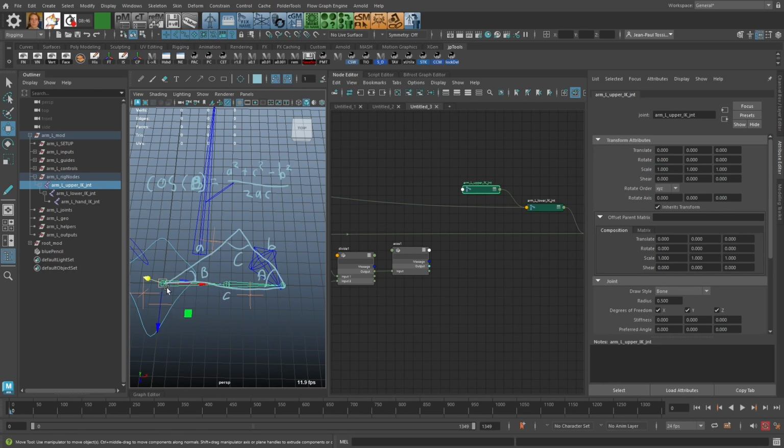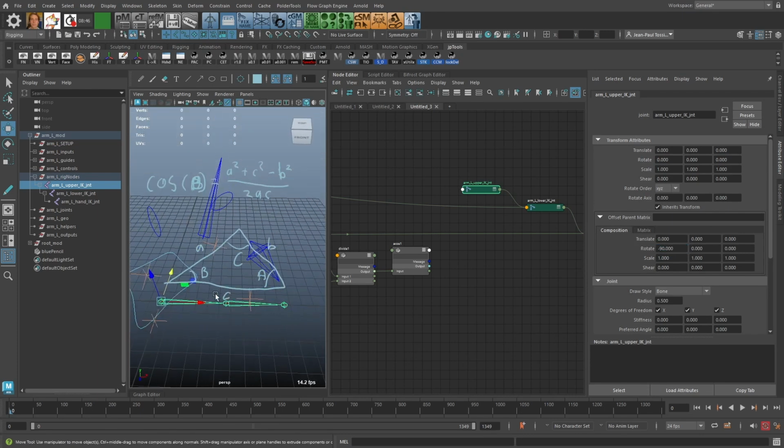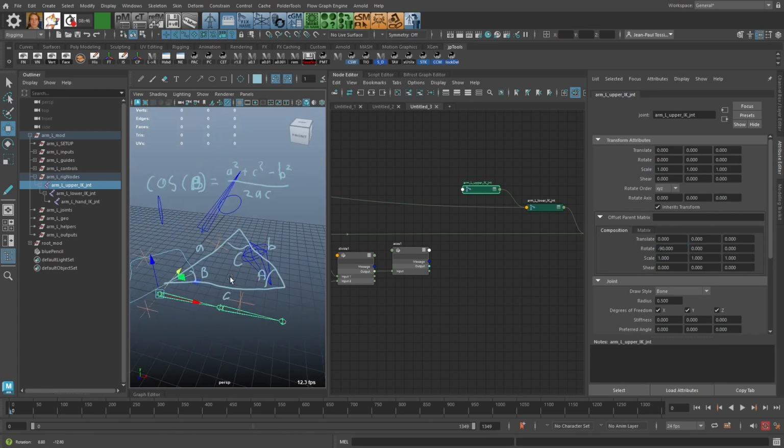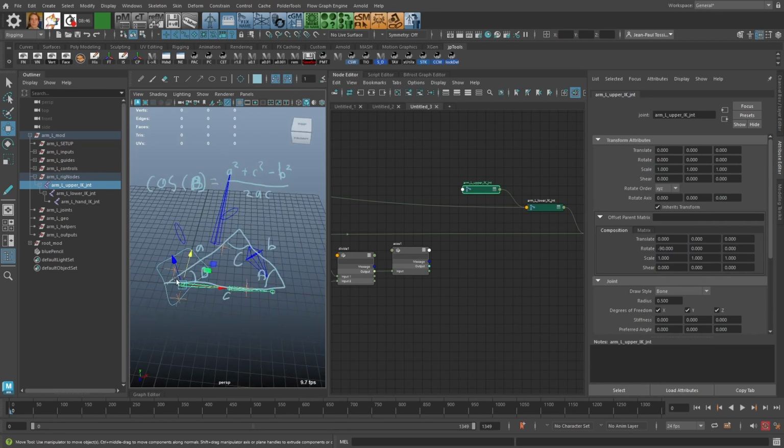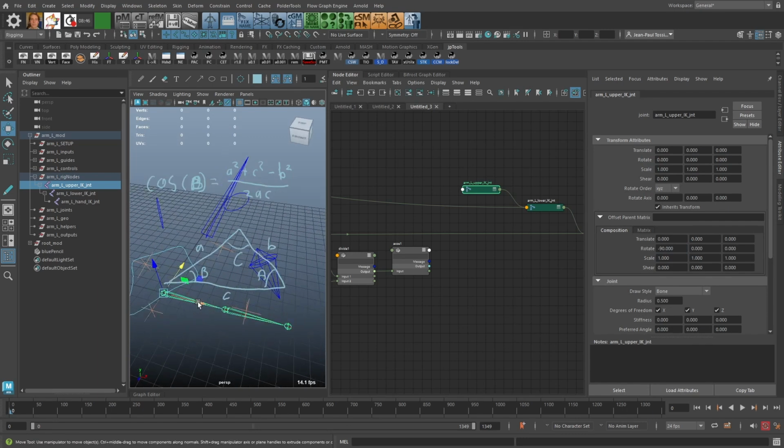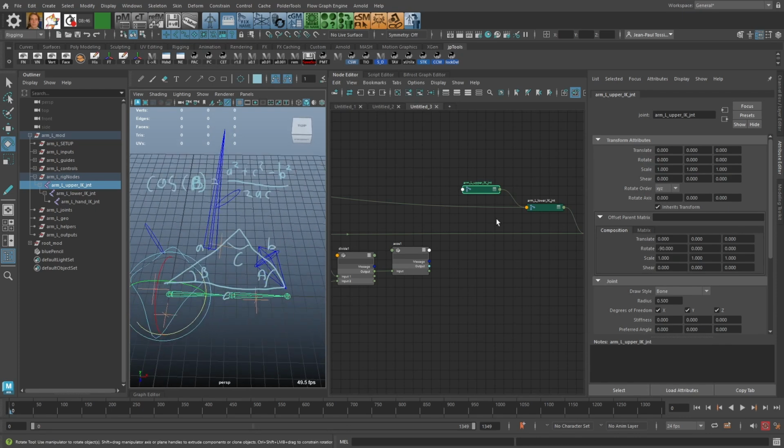So we have to rotate it negative 90 degrees in x. So we'll set the offset parent matrix of the joint to have the rotation for now. So you can see that it is aligned in the xz plane now. So if we rotate the z, this is what we want to have happening.